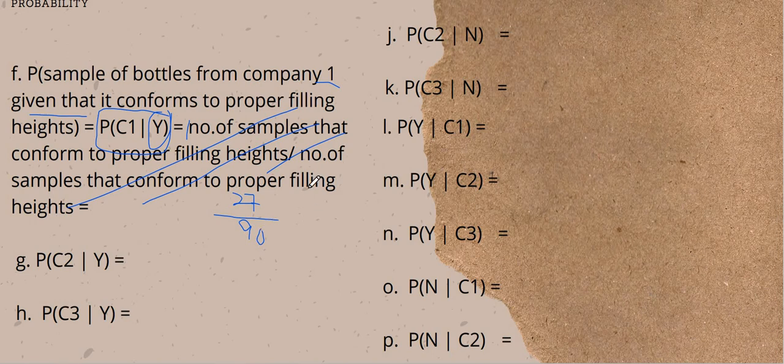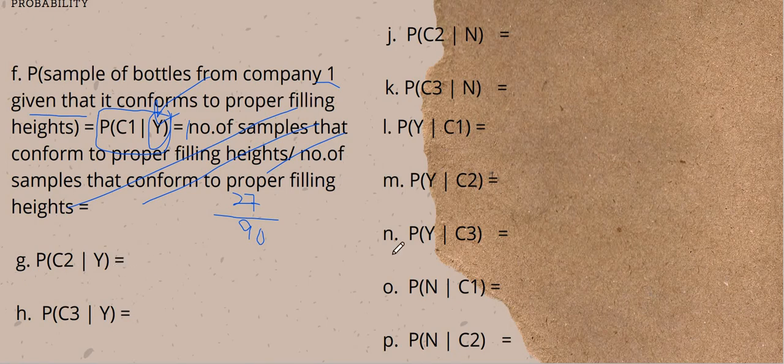You must be careful here. It's not over the total one, like the previous one for the marginal. But for the conditional, it must be over the given, or the event that occurs. For example here, PC1Y, so the event that occurs is Y. So you need to over with 90.